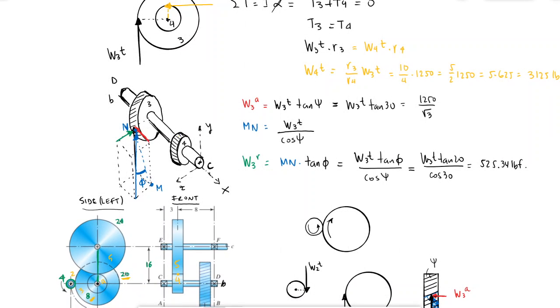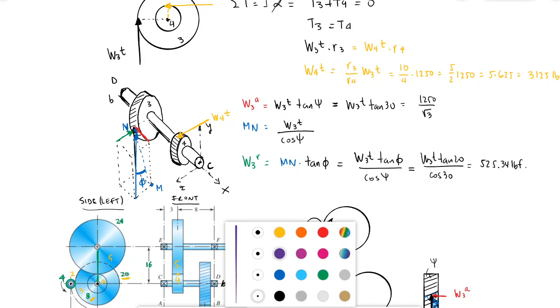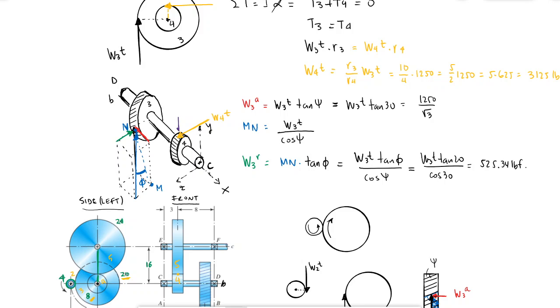I'm gonna draw that here in the 3D. This is W4T, and the last one that I'm missing here, I'm gonna use a different color, purple. There's gonna be a component in the axial direction because this is per gear, so it's also at an angle of phi.